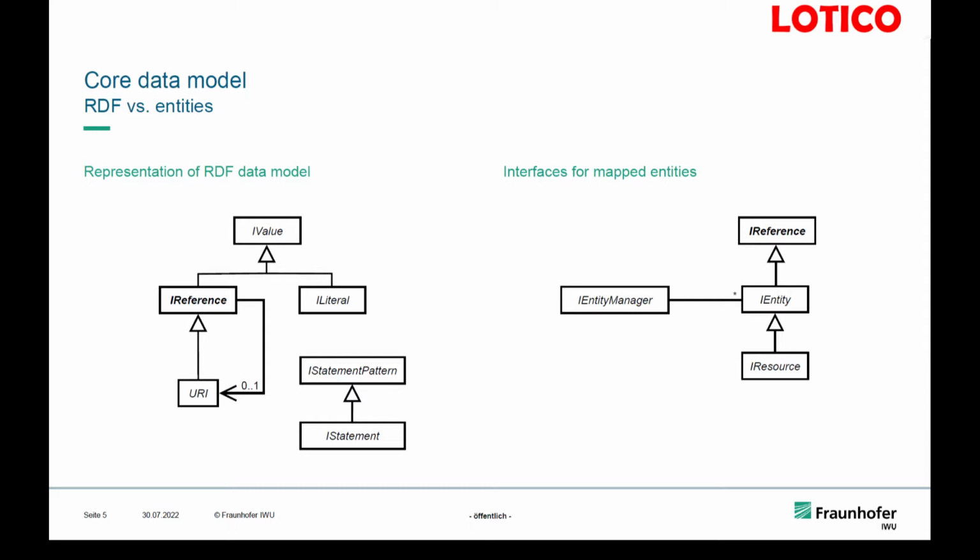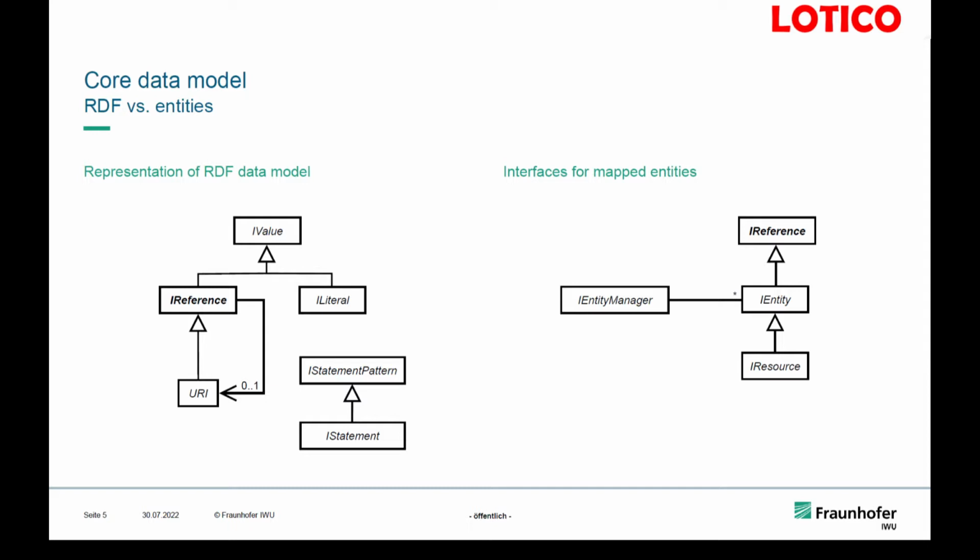Those are for blank nodes and URIs, and those references may have a URI or not, and are in this case a blank node, and we also have literals, of course. KOMMA also has a representation for statements and a generalization that we call statement patterns, where some components may be null, for example, for matching the existing statements in an RDF store based on such a pattern.